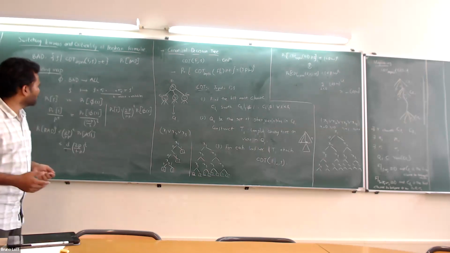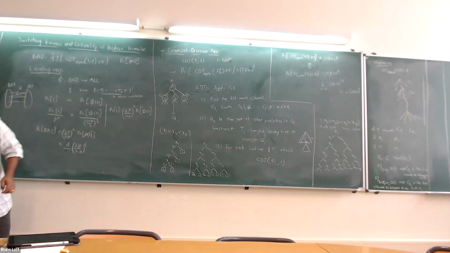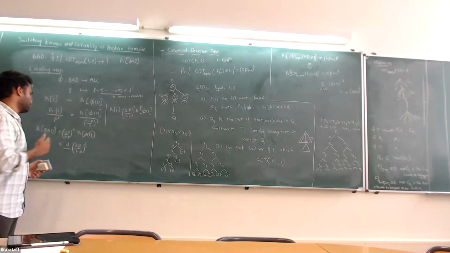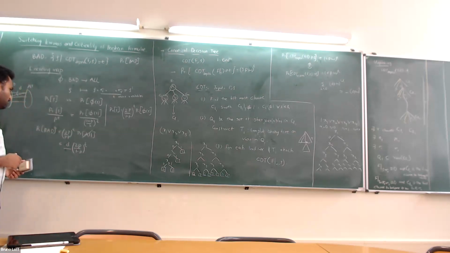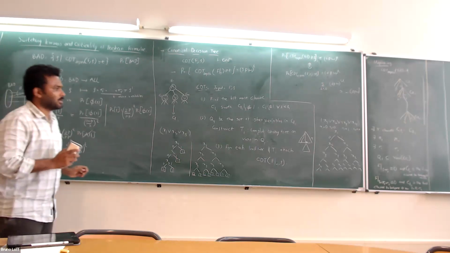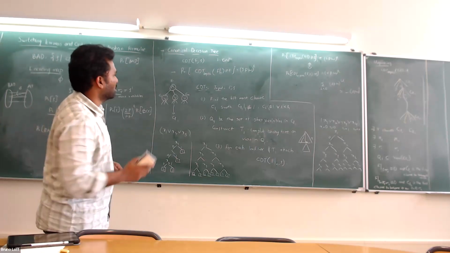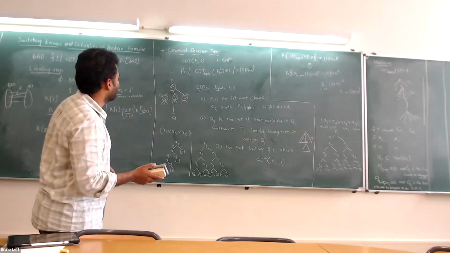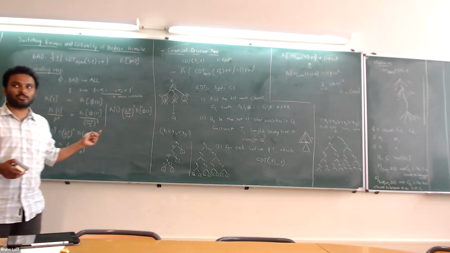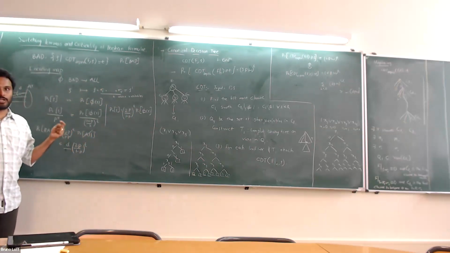So let me say this a bit more formally. The definition of the canonical decision tree should be fine.